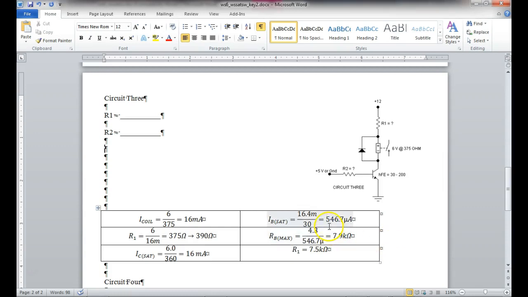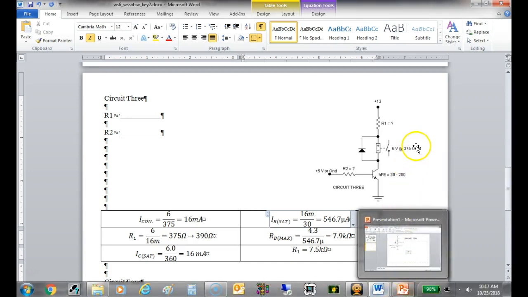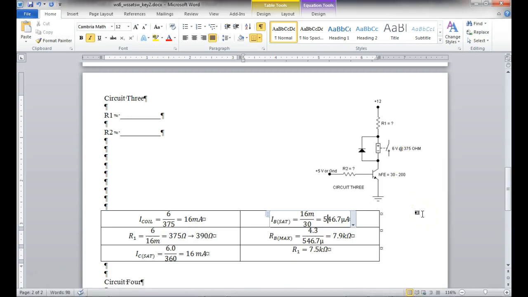So IB sat, we need to redo that one. Oh, this is the, yeah. So this, but it's going to be close, right? So what do we come up with? 500. What do we come up with for IB sat? I'm sorry, IB sat, microamps. How many microamps? 513.